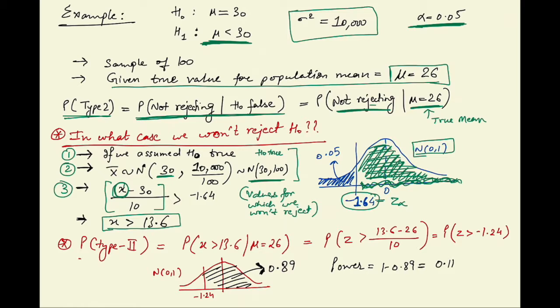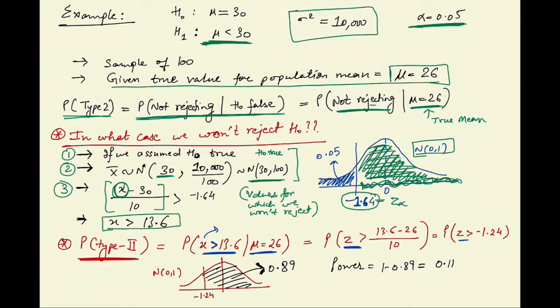Now we just have to simply calculate the probability of type 2 error, which is simply the probability of not rejecting given the true mean is 26, and we have already calculated the values for which we would not reject the null hypothesis. So we just want the value to be greater than 13.6 given the true mean is 26, which means that for a normal distribution we would like our value to be greater than (13.6 minus 26) divided by the standard deviation, that is 10.